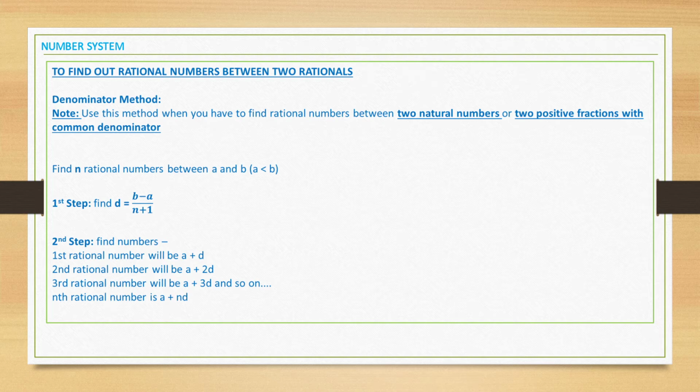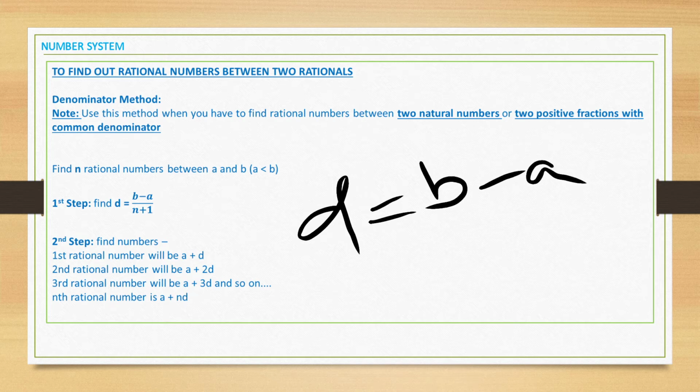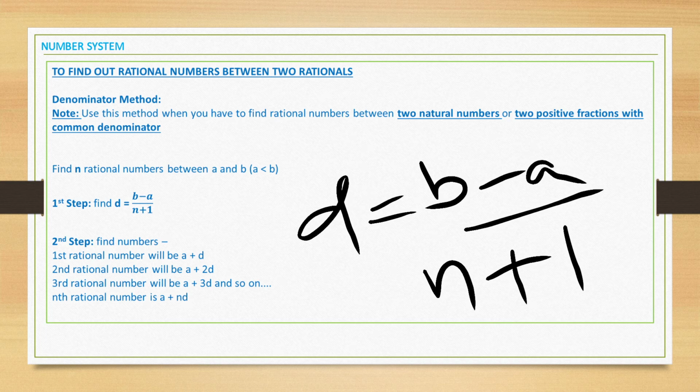Based on that we can find d. The formula for finding d is d equal to (b minus a) by (n plus 1). So this is the formula.